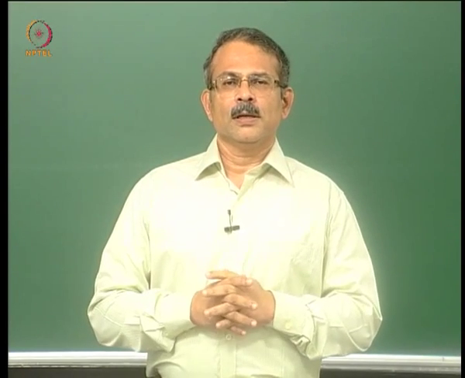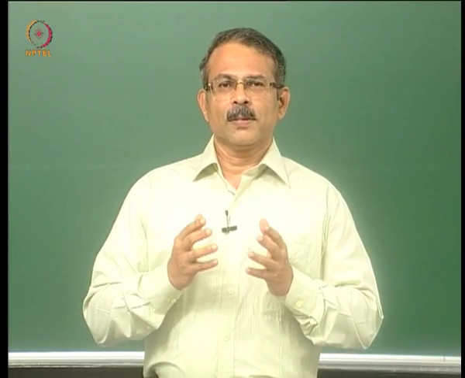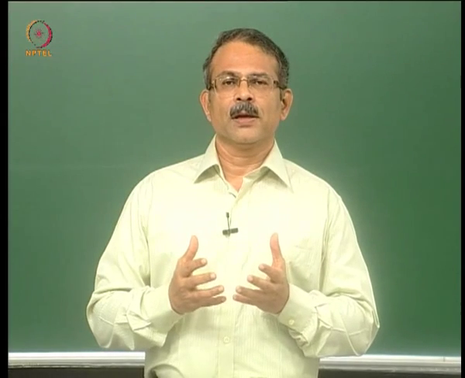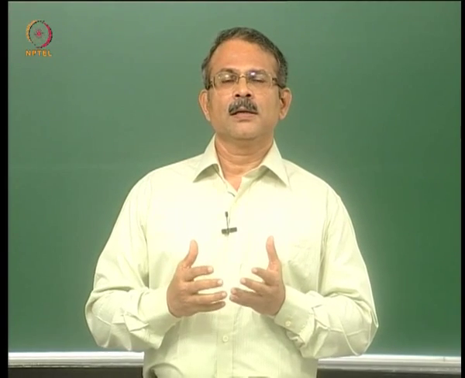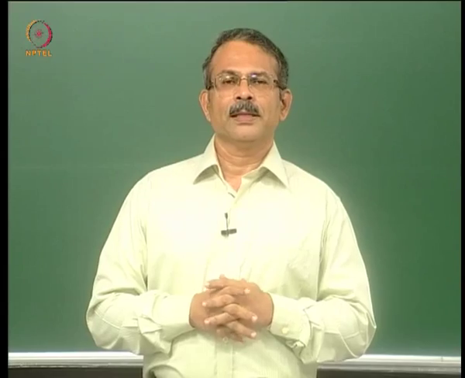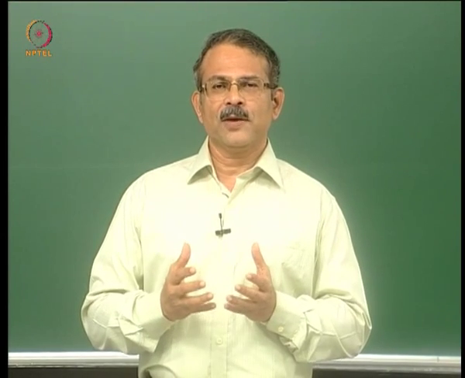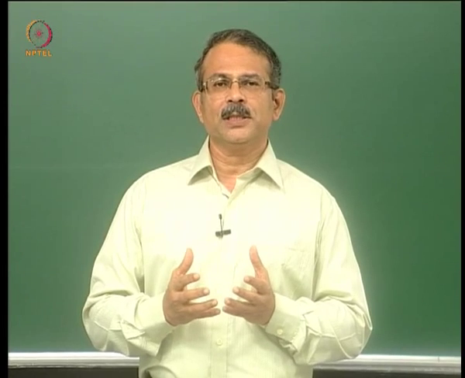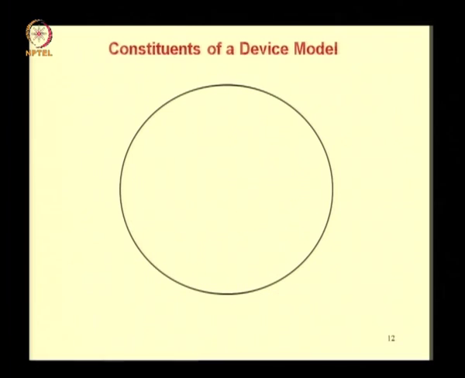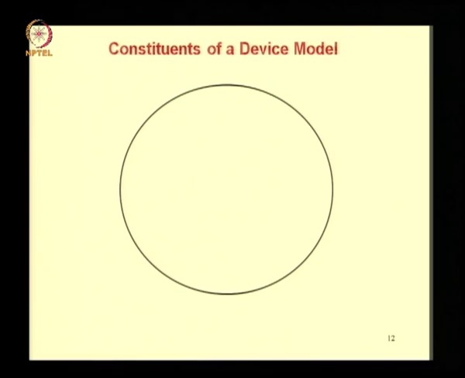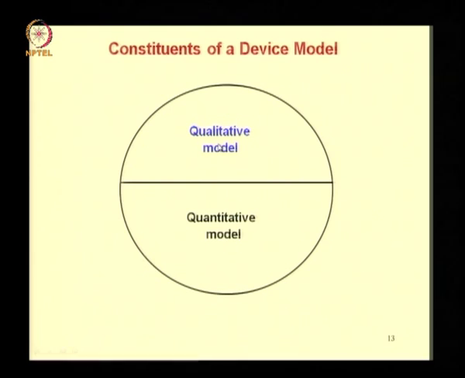We know that we can remember a diagram much longer in the memory than a definition made up of words. Therefore, let us convert this information into a diagram. So if this circle shows the body of the model, then it has two important parts, namely qualitative model and quantitative model.